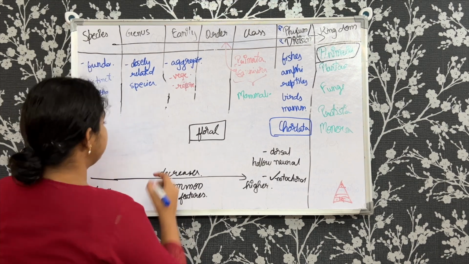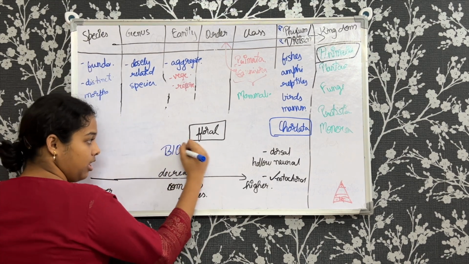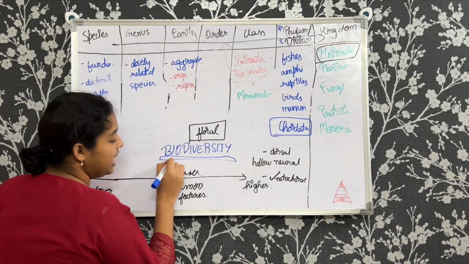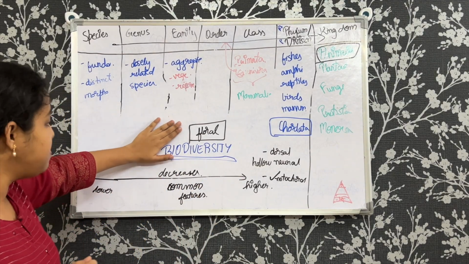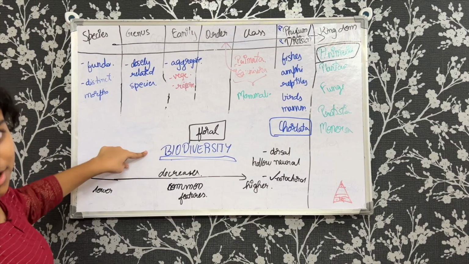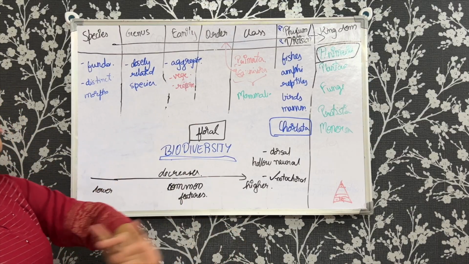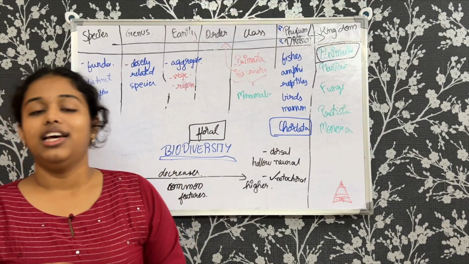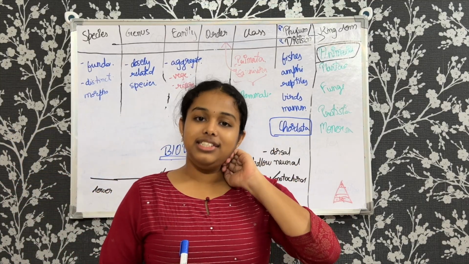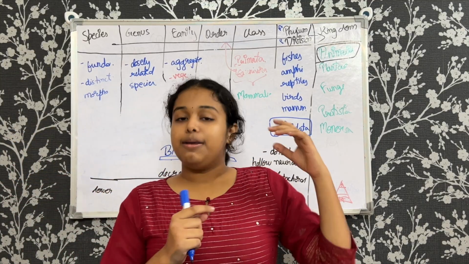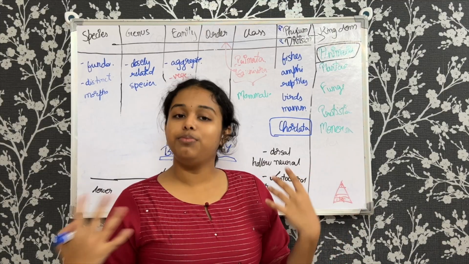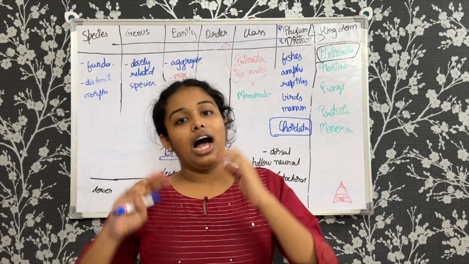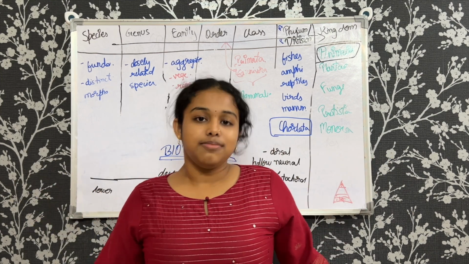And one word that I mentioned in the beginning, that is biodiversity. This term has been successfully given justice by such a beautiful system of classification and such a systematic level of understanding. So now I hope you can understand why taxonomy as a branch of science, as a branch of biology, is very important yet basic to our level of understanding the organisms around us.